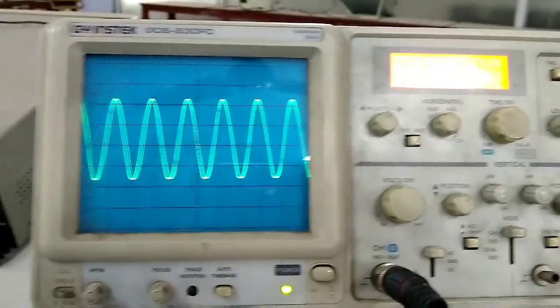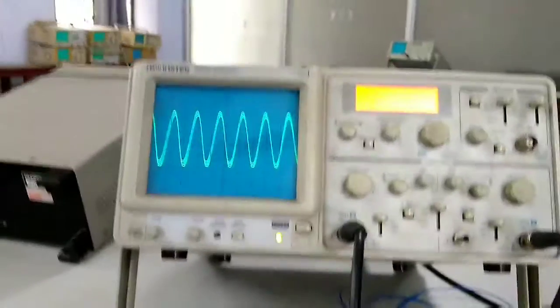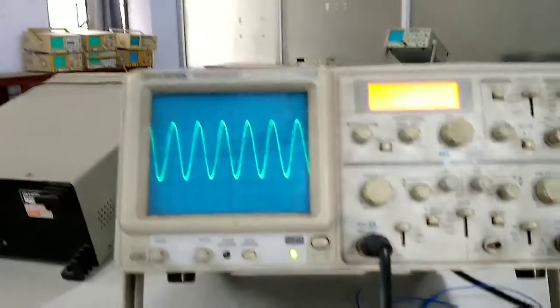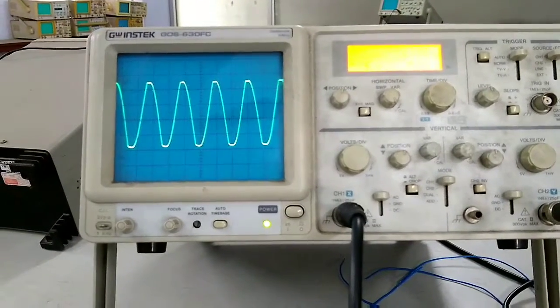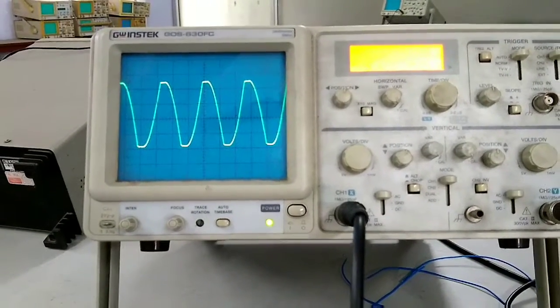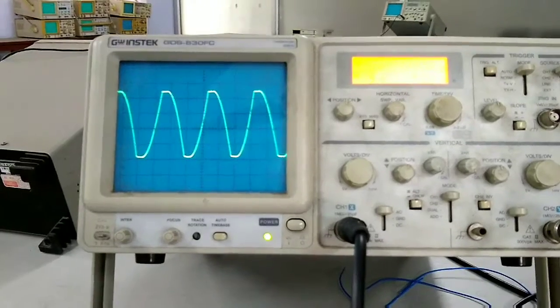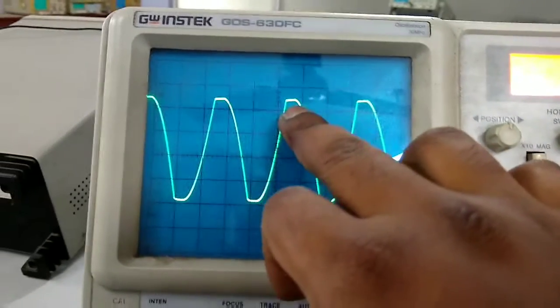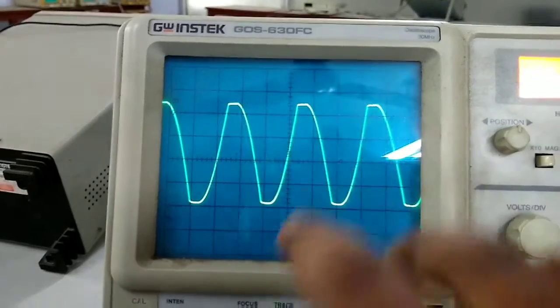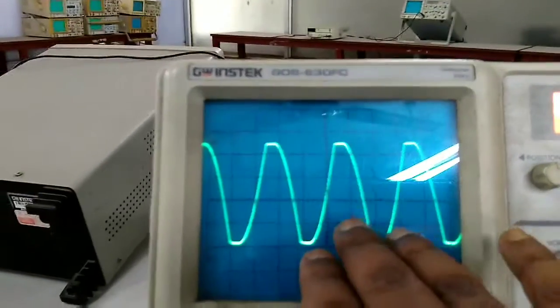We are getting this type of sinusoidal signal, and here also if we adjust the potentiometer, we can have a higher amplitude, but then the signal will be distorted. See, the peaks are chopped off because of very high gain, and it is going beyond the saturation level.